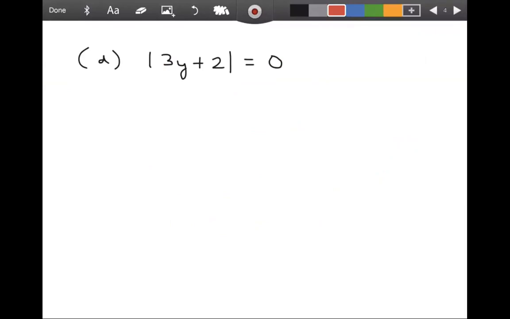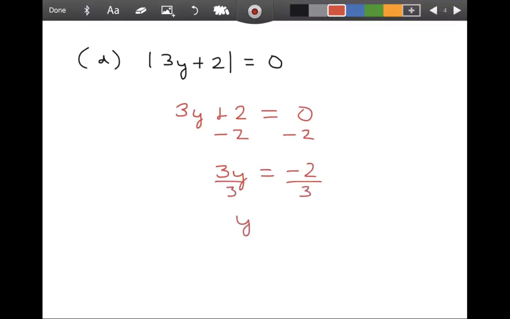The only way the absolute value of 3y plus 2 can equal 0 is if 3y plus 2 equals 0. And if 3y plus 2 is 0, that means 3y is negative 2, which means y is negative 2/3. So this equation has one solution. Negative 2/3 is the only solution.